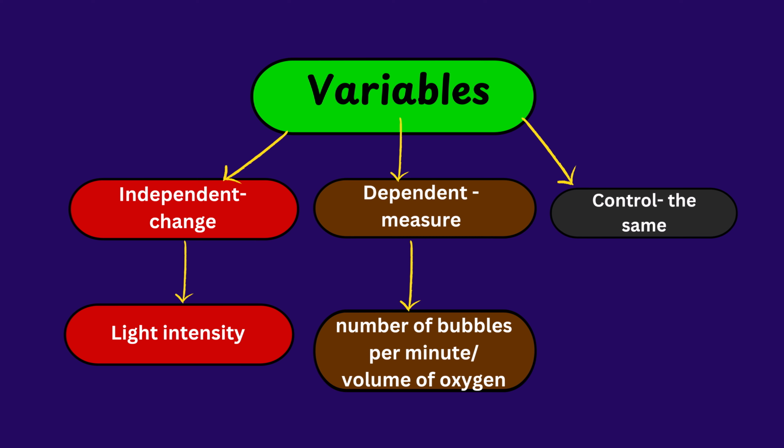The control variables now, these are the ones that must remain the same, and we have quite a few. The first one is temperature. We control the temperature. That is why I said to you, if you're using a regular bulb, you must place a beaker with water in front of the plant so that the temperature of the experiment is not affected. Next one is time.